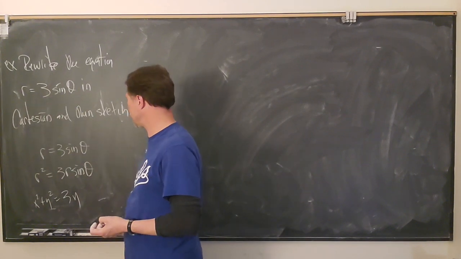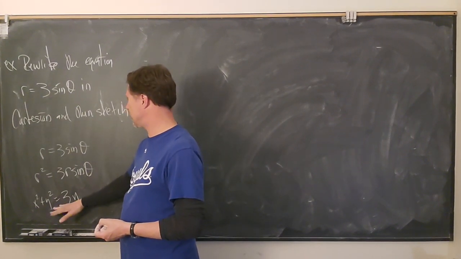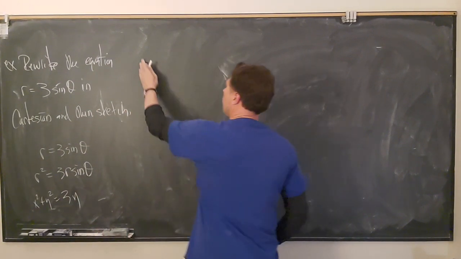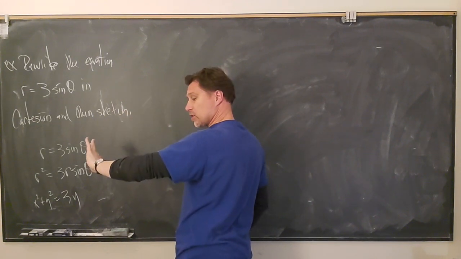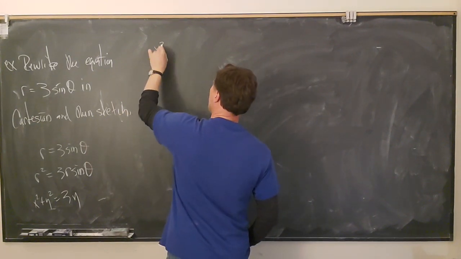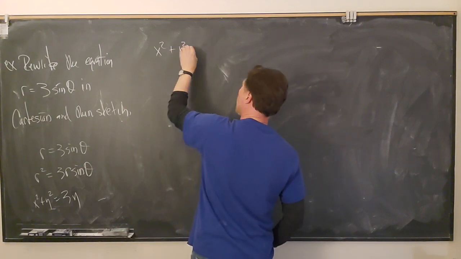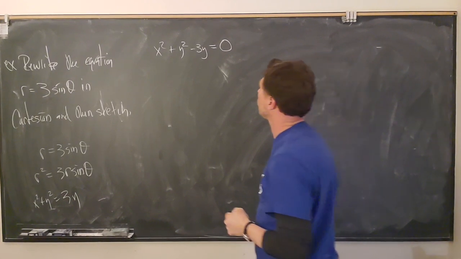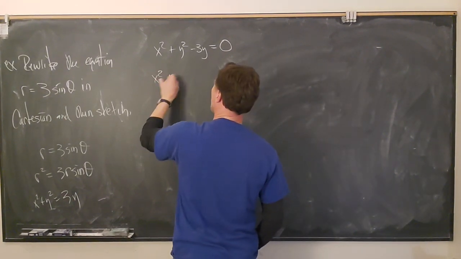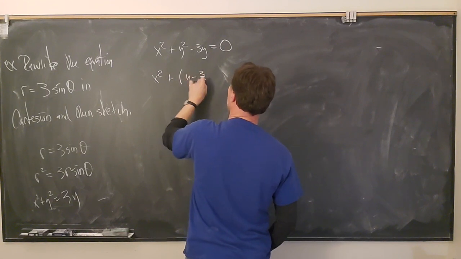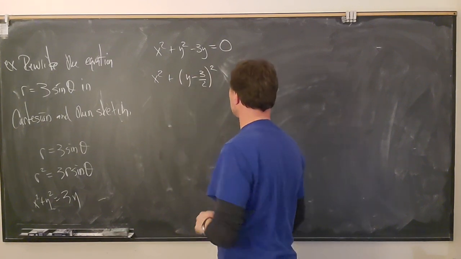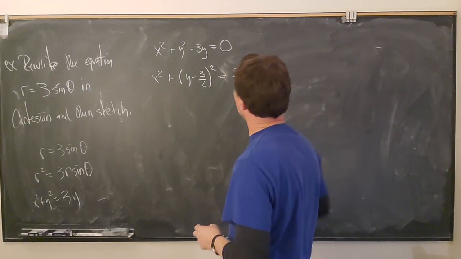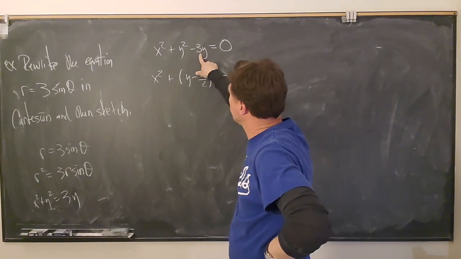We've rewritten it in Cartesian, but it's not completely obvious who this is. I would like something that allows me to actually sketch. So I'm going to get the y stuff over on the other side and then complete the square: x² + y² − 3y = 0.